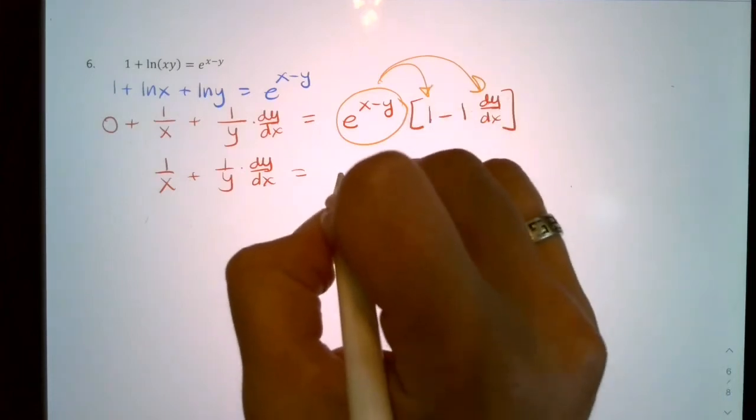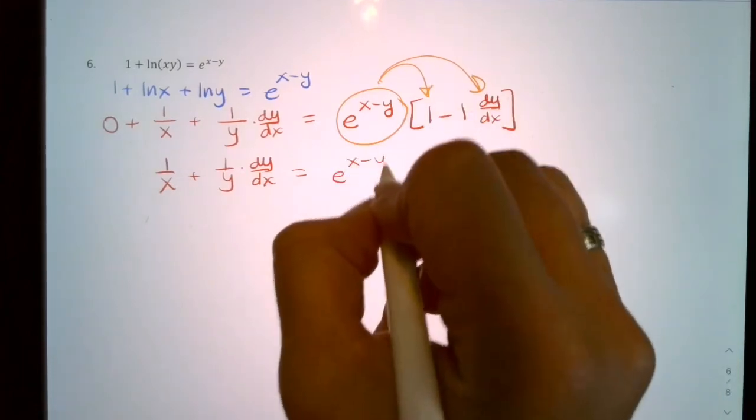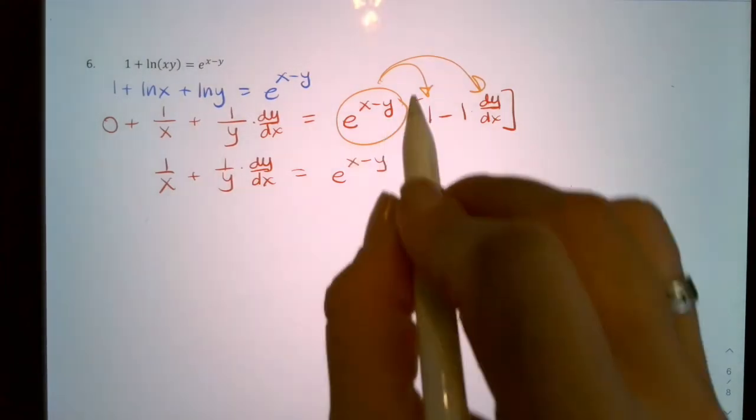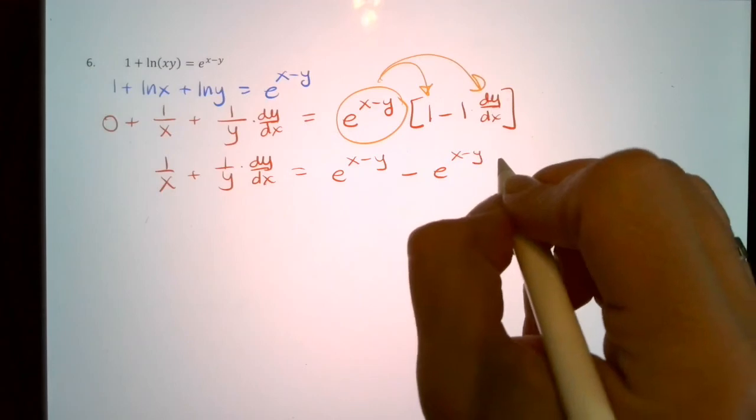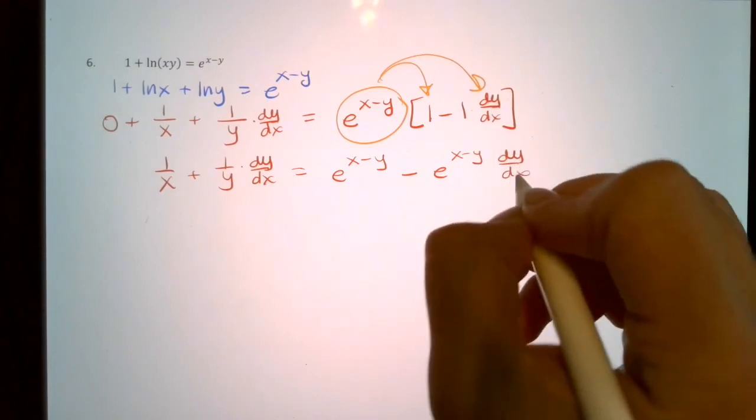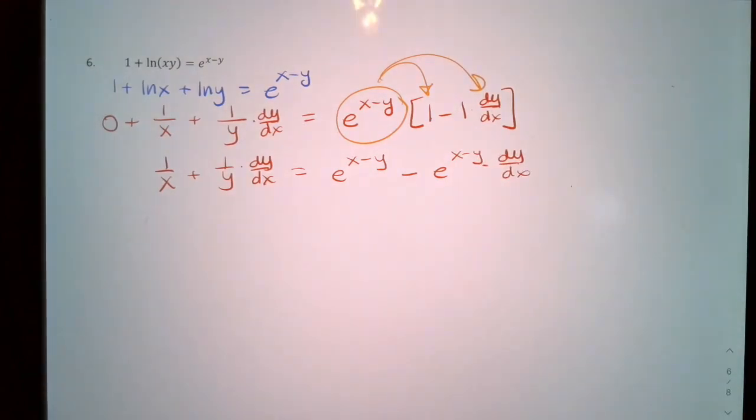So 1 times e^(x-y) is just e^(x-y). And then when I distribute it, I would have negative e^(x-y) dy/dx. That allows me to write it in a way that I can see all the individual dy/dx terms.